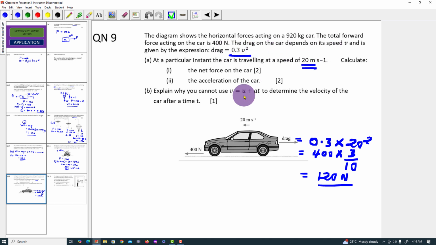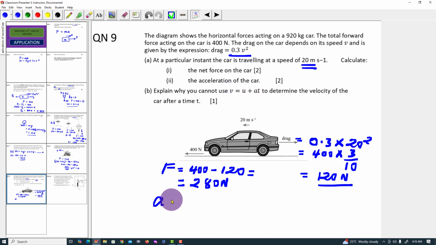And how much is the forward force? 400 newtons. So therefore the resultant force is going to be equal to 400 newtons minus 120, and that means this is going to be equal to 280 newtons. That is the net force which is acting on the car. How about the acceleration of the car?